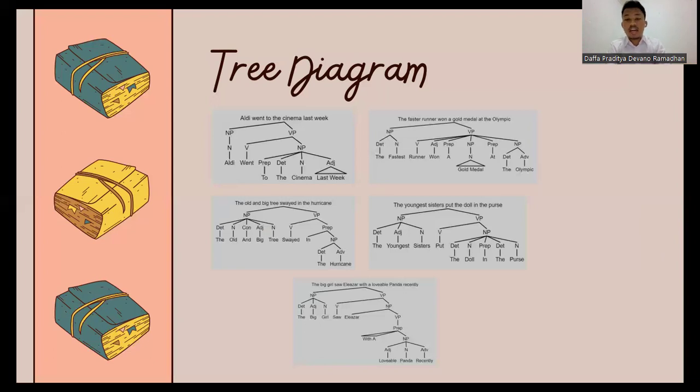And for the fourth diagram here, there are two, of course, noun phrases and verb phrases. The is determiner, youngest is adjective, sisters is noun, and then put is verb, and then the again is determiner, doll is noun, in is preposition, the is determiner again, and purse is noun.